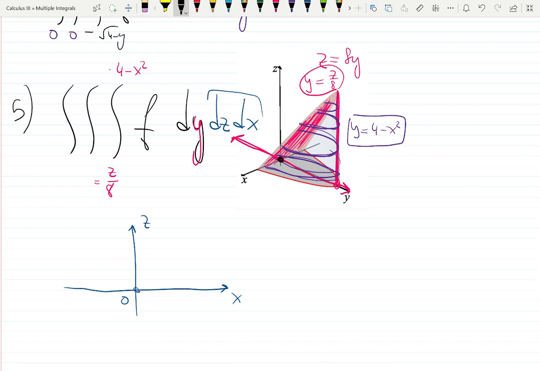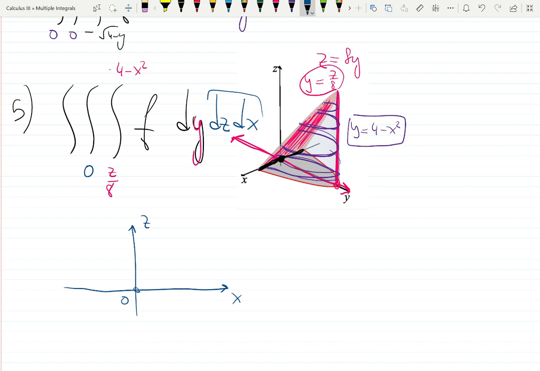dz definitely starts from 0. See? Z is growing from 0. So that is the easy part. 0. Let me put it in blue. 0. Then at the top, I will have to figure out that there is no y.